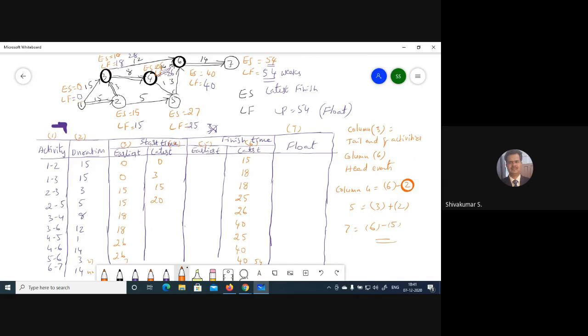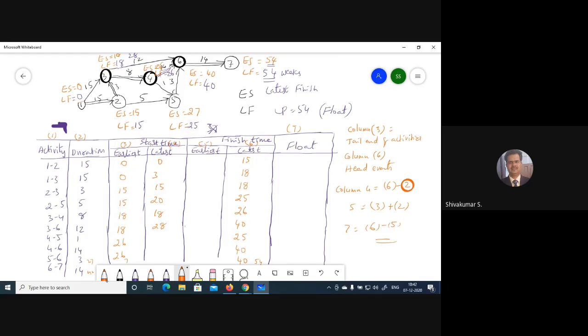Similarly, 26 minus 8, 18. 40 minus 18, 28.